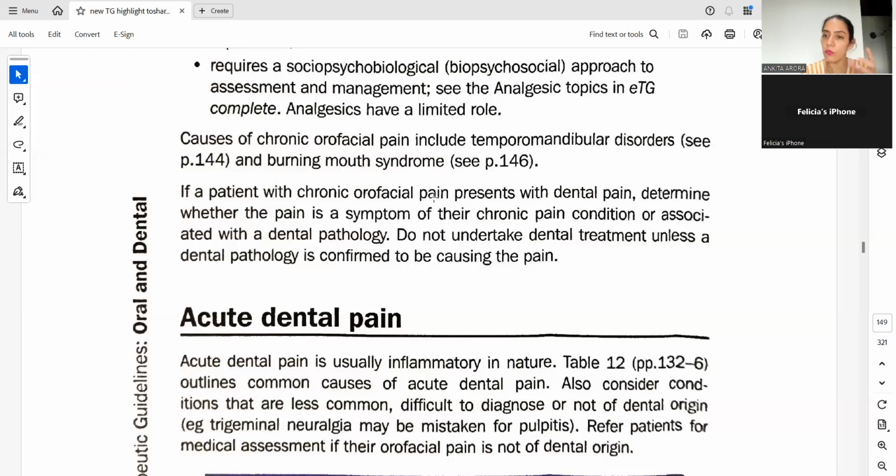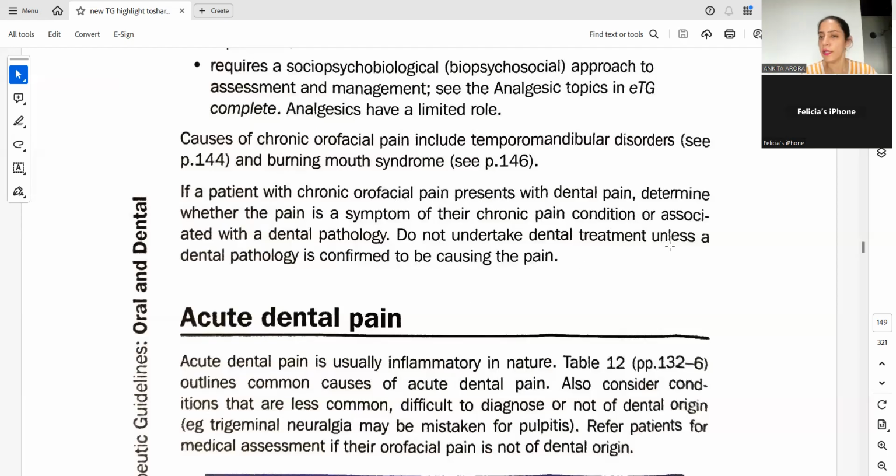So that's how we differentiate whether it's a chronic orofacial pain, where the cause is manifesting as pain in itself, or whether it is a dental pathology exhibiting as pain, like reversible or irreversible pulpitis.